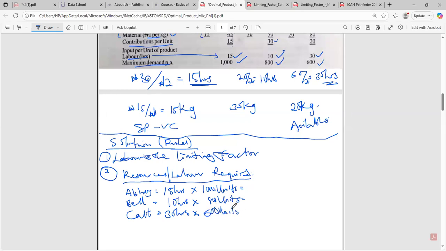Please, if you know your calculator, do justice for me. First one, 15,000. Second, 8,000.